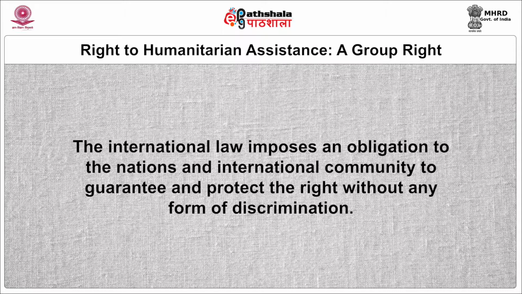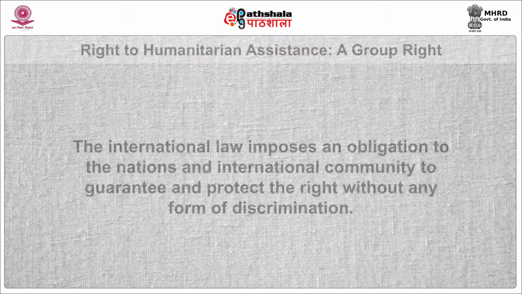International law imposes an obligation on the nations and international community to guarantee and protect the right without any form of discrimination. Generally, an individual is the holder of a human right. However, the holder of the right to humanitarian assistance is a group of people. Hence, the right is categorized as a third generation or group right.